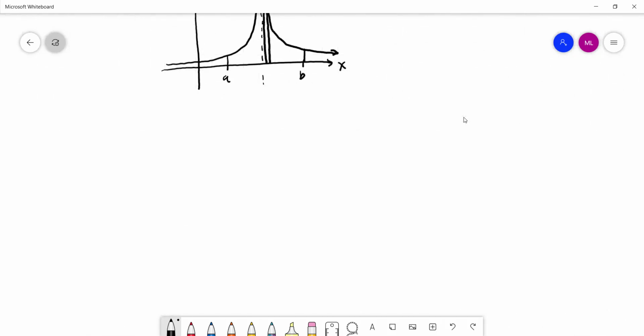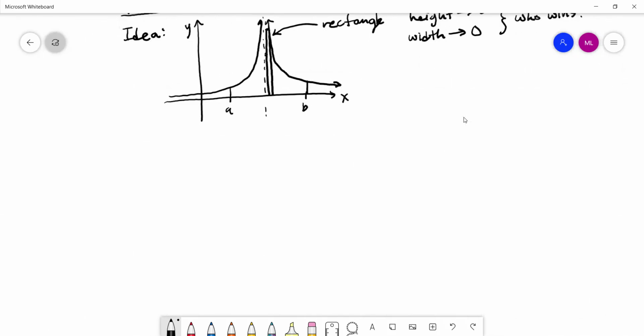Okay, so let me give you the rules for this. We have 3 rules, in a sense similar to the ones that I wrote earlier. Also keep in mind that I drew, in this case, the asymptote occurring somewhere in the middle of the interval between a and b, but you could also have an asymptote literally at one of the bounds of integration, and we would have the same question.